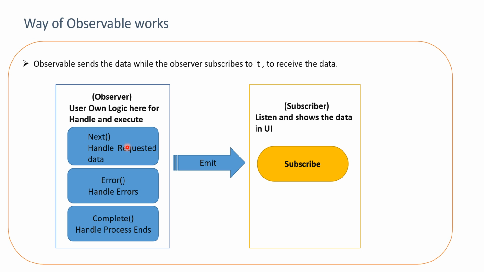Suppose you have a Wi-Fi connection in your home, with a router from Airtel. Airtel gives the offers, which technically we call the observer, and we people are subscribers. We subscribe to the Airtel packages, and only then do we get the data, right?